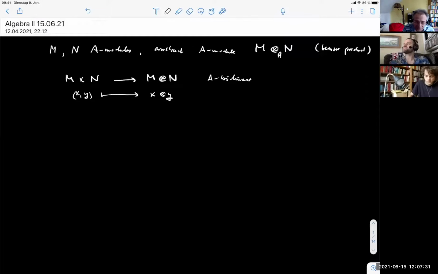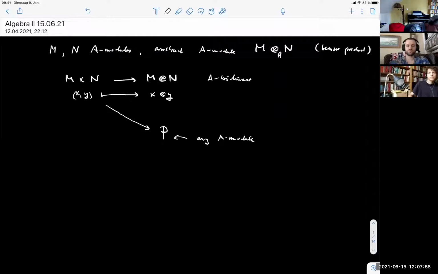If you understand this, you understand all, and more precisely, this means the following. Let P be any A module. Note, I don't assume anything like finitely generated. It's a completely general construction.